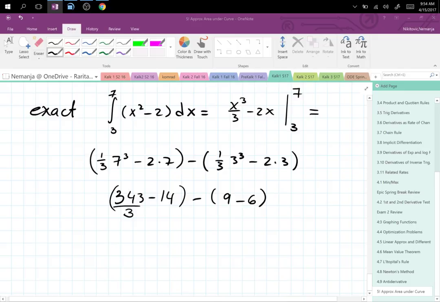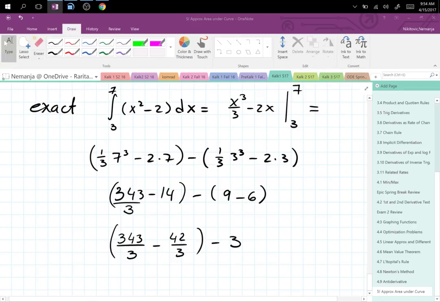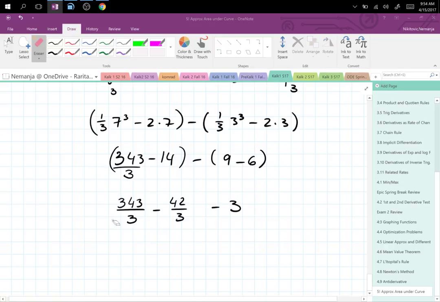Common denominator. Wow. So 3 plus 4 is 7, plus 3 is 10, not divisible by 3. Yeah, so we're going to go 14 times 3, right, which is 42 over 3. All of that minus 3. I don't need these parentheses.